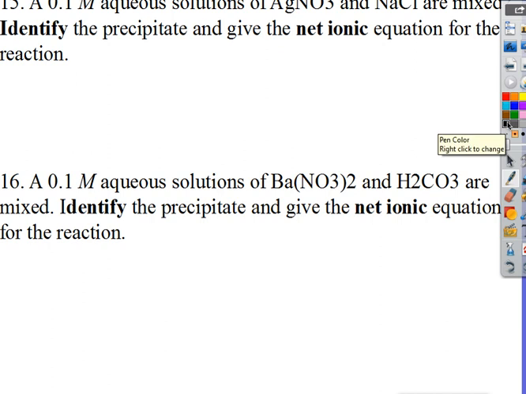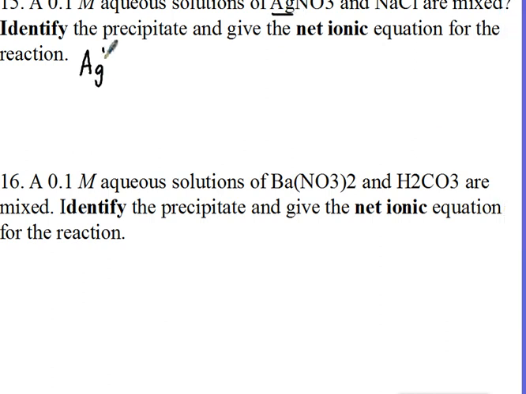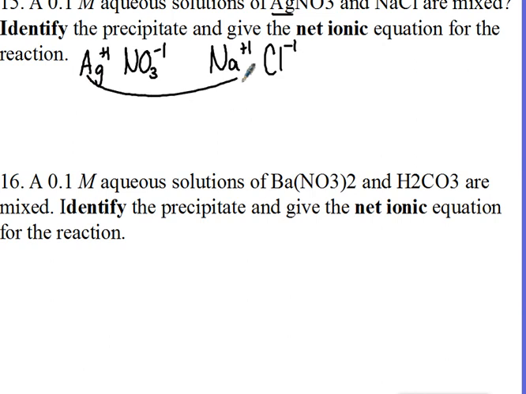For 15 and 16, it's the same thing. I have Ag, silver with a +1 charge, and nitrate with a -1 charge, sodium with a +1 charge, chlorine with a -1 charge. Silver goes with chlorine to make AgCl.